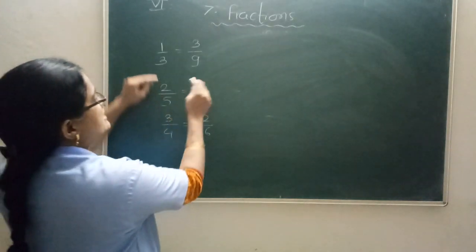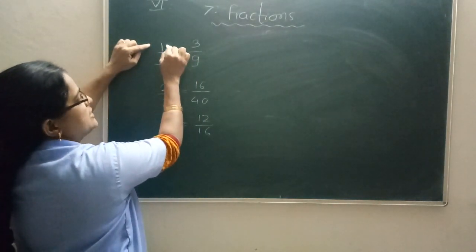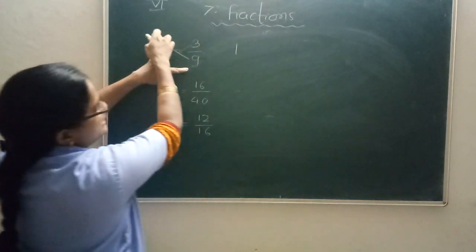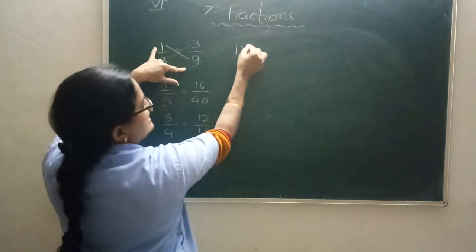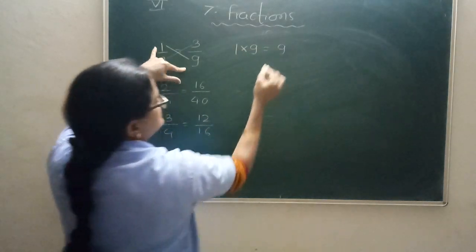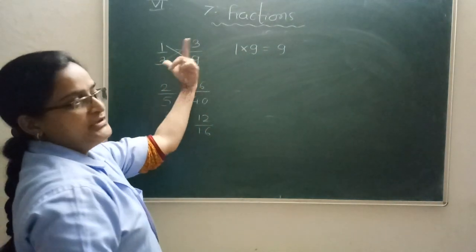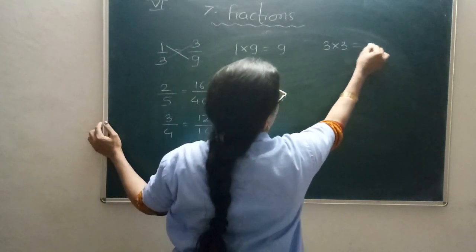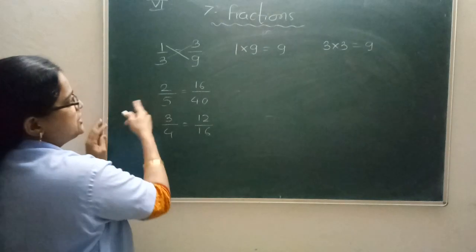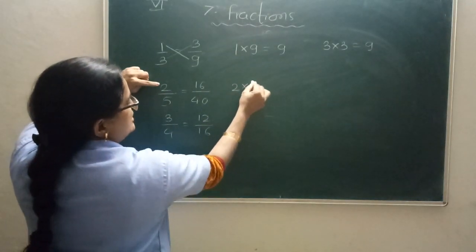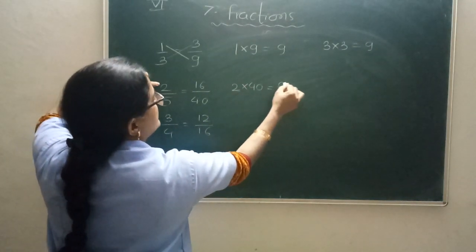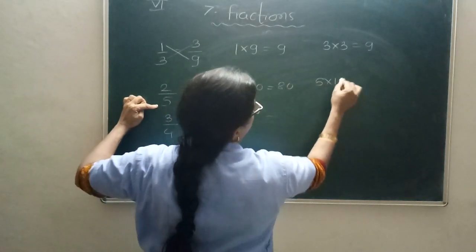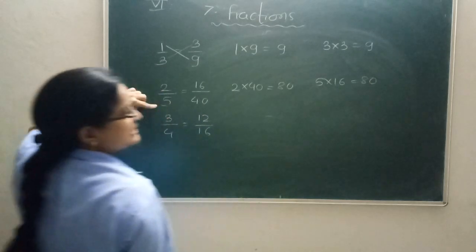Now let me see what happens. If I get a cross product like this, the product of the numerator of the first and the denominator of the second is 9, right? And the product of the denominator of the first and the numerator of the second, that is also 9. Okay, check here. This into 40 is 80, and this into this, that is also 80, correct?